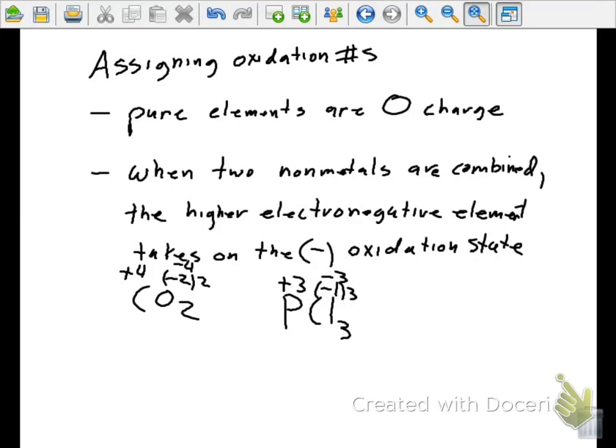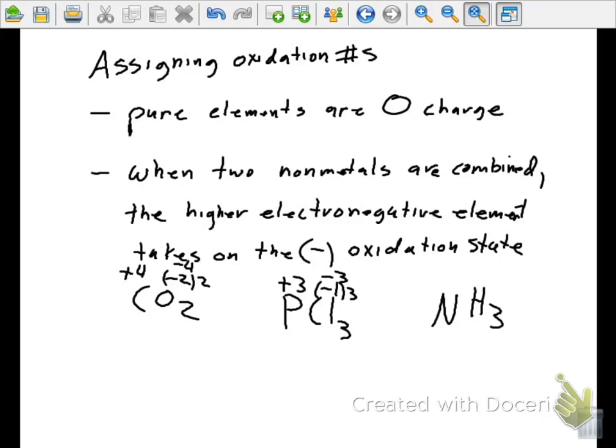Okay, I'll give you one more example. NH3. Ammonia. The higher one is the front one on this one, right? Most of the time, the front one is going to be your positive. The second one is going to be your negative.